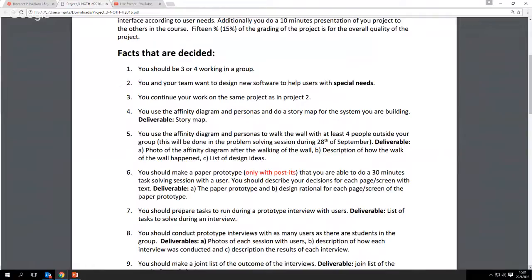The deliverables for the walking of the wall is that you should have a photo. So I hope you took a photo of it. Did you? Yeah. And then describe how the process was. For you that attended the problem-solving class, you can say, well, we had half an hour.